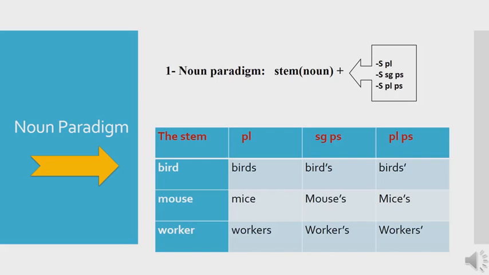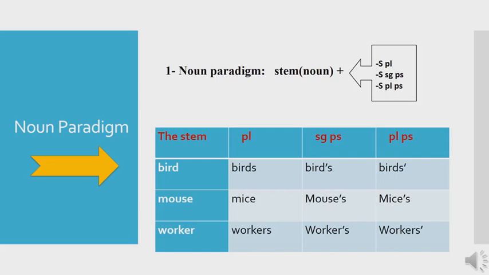It means that the noun paradigm consists of 4 forms: the stem, the plural form, the singular possessive form, and the plural possessive form. We have 4 forms of a noun in the noun paradigm.